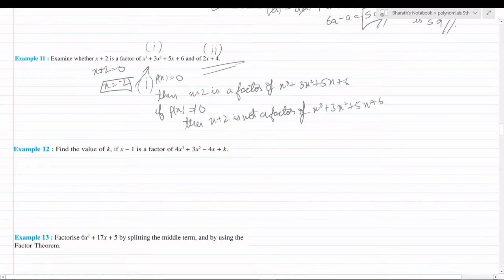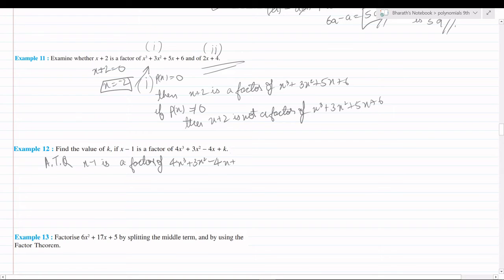Now here, example 12, find the value of k if x minus 1 is a factor of this. According to the question, x minus 1 is a factor of 4x cubed plus 3x squared minus 4x plus k, which is equal to p of x.